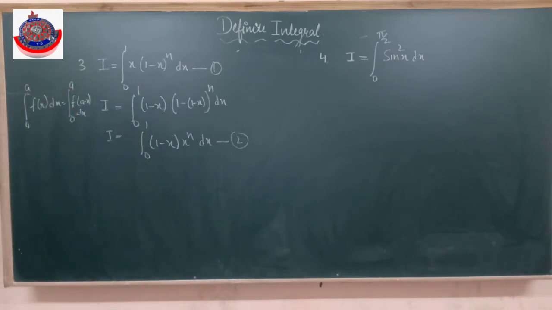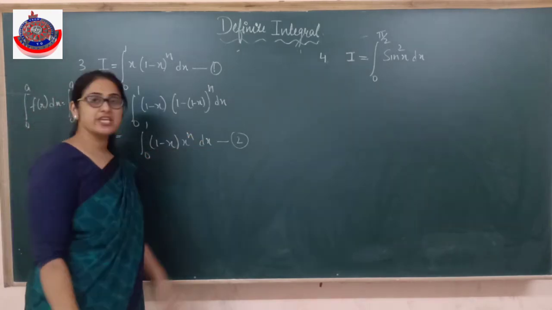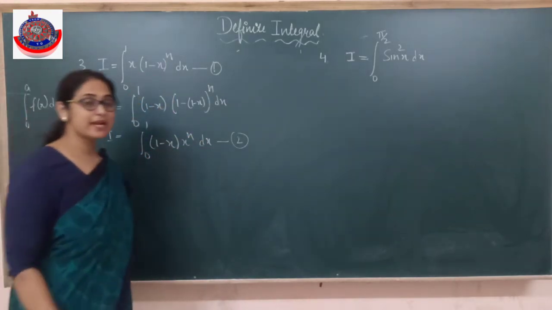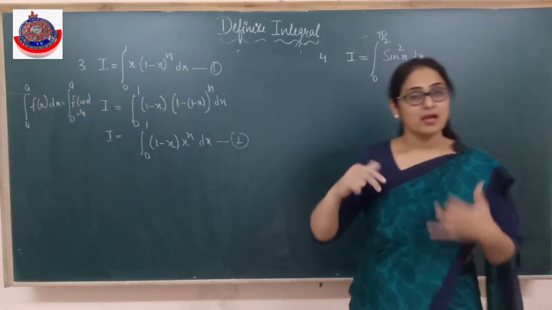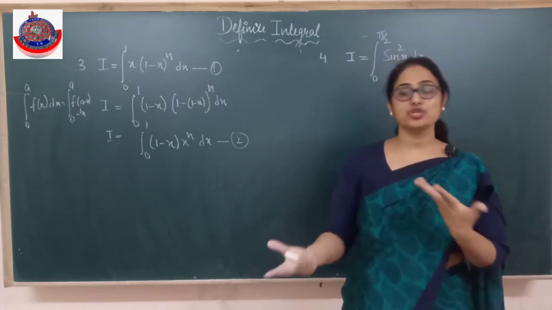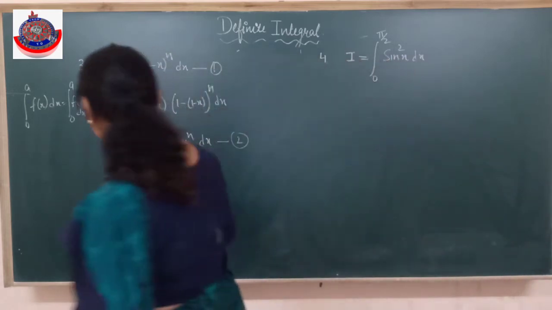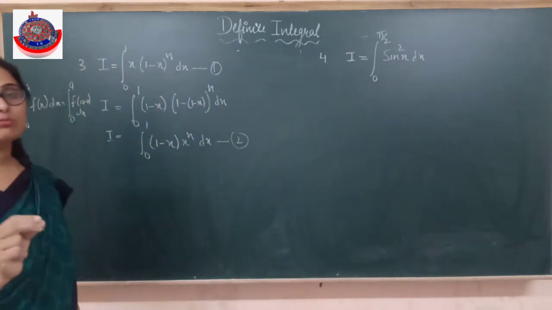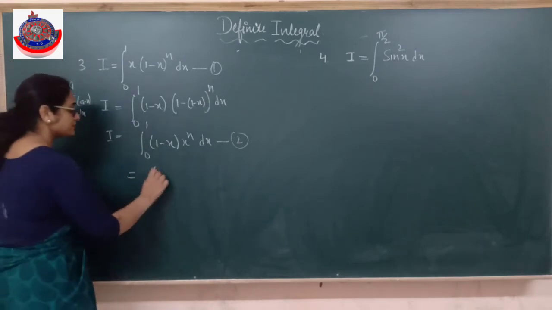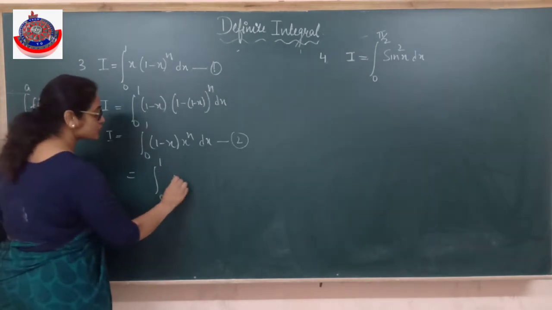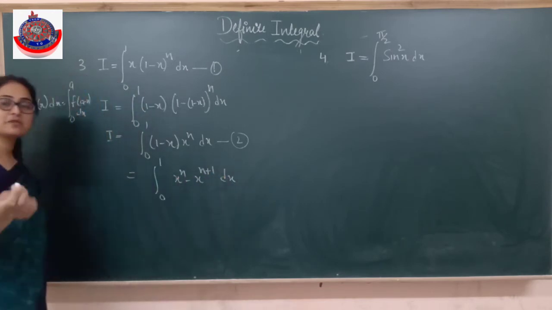Is this clear? 1 minus x raised to power 1 minus x into x raised to power n dx. Now because it was not a similar kind of question to what we did previously, where I said that when up and down it is the same term, you can apply this property and then add 1 and 2 and the question will become easier. Here there is no up and down, so you don't need to add this. What is my target? My target is to make the question integrable. I have to integrate. Now if you look at this question, if I multiply x raised to power n inside, I got it converted into a simple question.